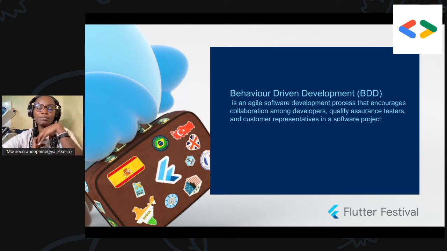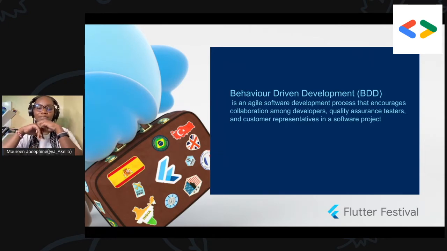So BDD mostly aims at testing how that specific application in your phone works. For example, when you open WhatsApp, does it really open the way you expect it to? If you send a message, does it really send it the way you expect, or does it not send? What happens if you don't have a data or internet connection? What if the other person is not online?